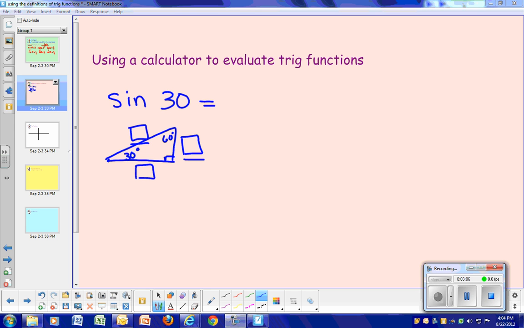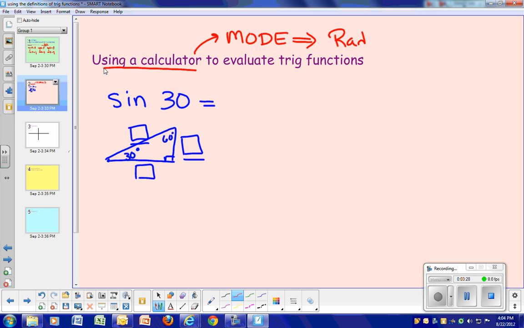If your calculator, instead of giving you 1/2 or 0.5, is giving you an answer of negative 0.988, etc., that means that you need to adjust the calculator's mode. When we use a calculator and we're dealing in degrees, we need to first go to the button that is called mode, and make sure that the mode, rather than being set into radians, is set into degrees.